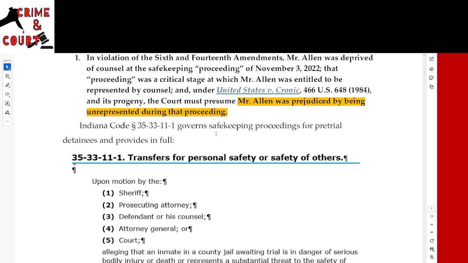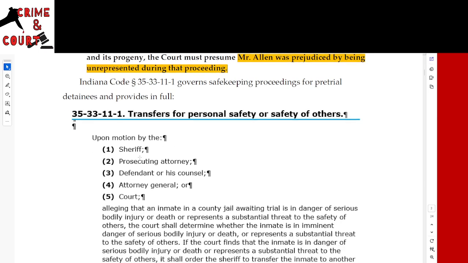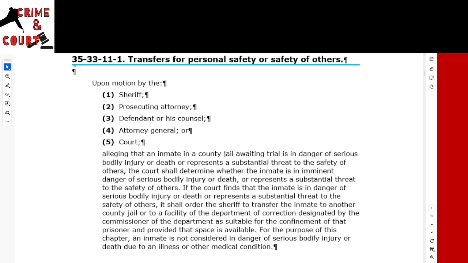All right, so Indiana Code 35-33-11-1 governs safekeeping proceedings for pretrial detainees and provides in full: transfers for personal safety or safety of others. Upon motion by either the sheriff, prosecuting attorney, defendant, or his counsel, attorney general, or the court, alleging that an inmate in a county jail awaiting trial is in danger of serious bodily injury or death, or represents a substantial threat to the safety of others, the court shall determine whether the inmate is in imminent danger of serious bodily injury or death, or represents a substantial threat to the safety of others.